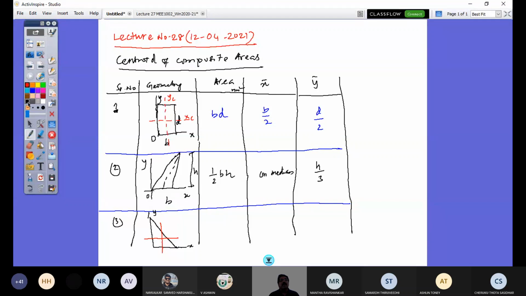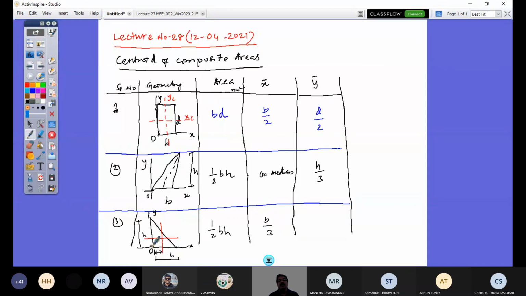With respect to the reference axes x, y holding this as origin, I can write my surface area as half into b into h, where b is the base and h is the height of the triangle. And what is my x bar? From O, this distance is my x bar, that is b by 3.